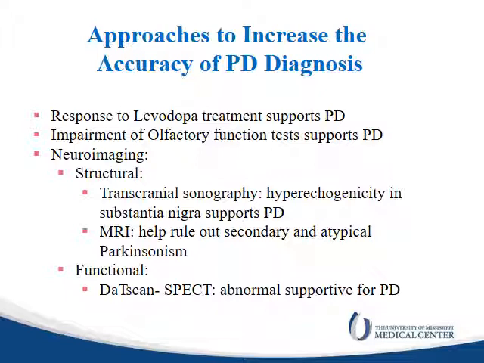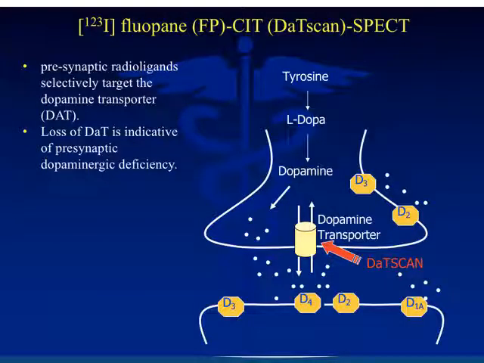And functional brain imaging, and I'm going to just mention the DaT scan, which is a nuclear medicine SPECT scan. If it's abnormal, it would support Parkinson's disease. The DaT scan uses iodine-123 labeled ioflupane and a SPECT scan, and the ligand is a presynaptic radioligand that selectively targets the dopamine transporter, which is here.